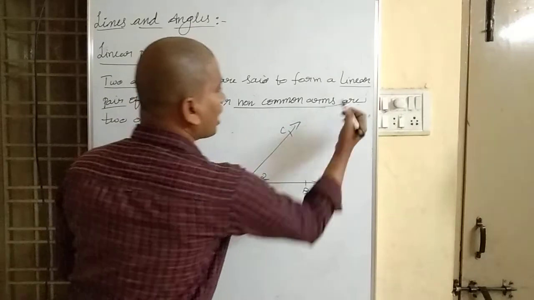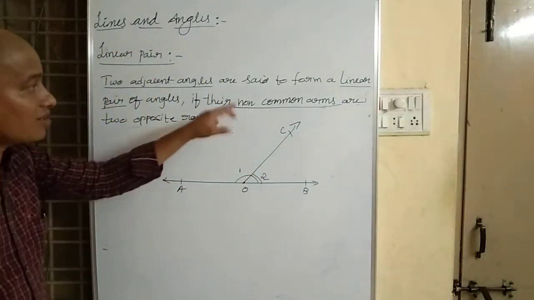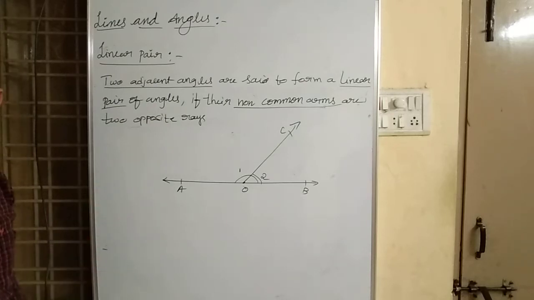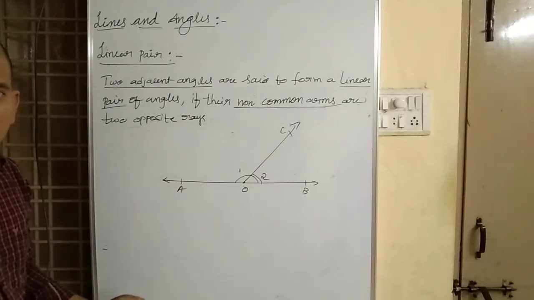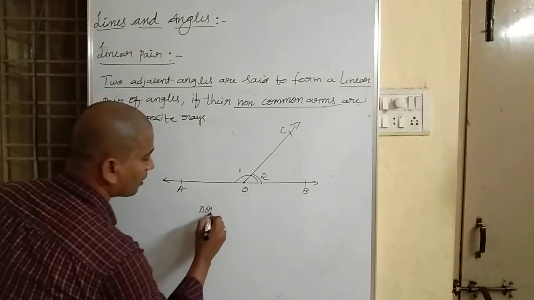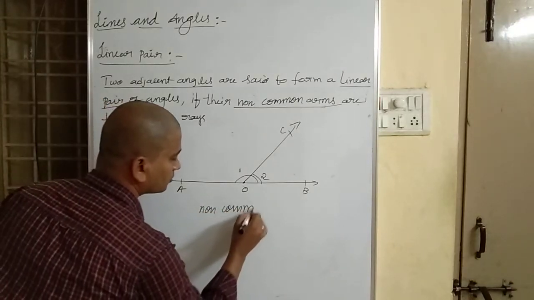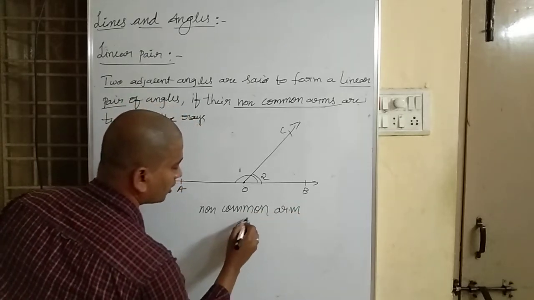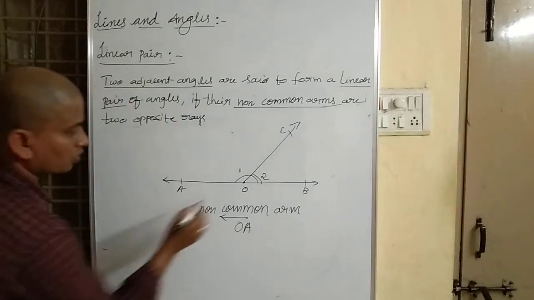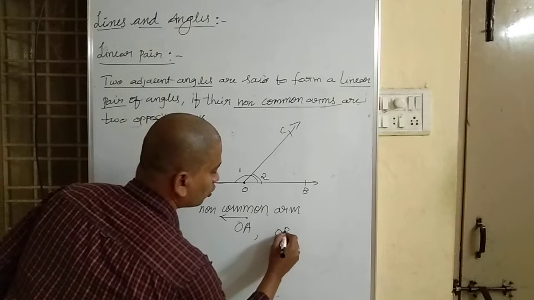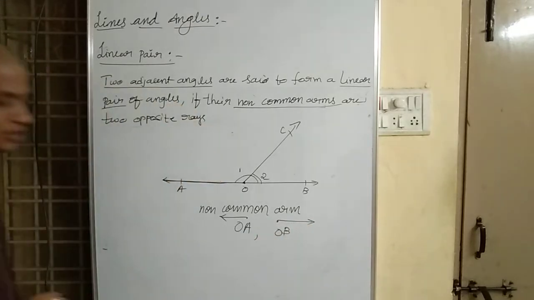If their non-common arms are two opposite rays. You can see in this, what are the non-common arms? Here the non-common arms are OA, which is in this direction, and the second one is OB, which is in this direction.